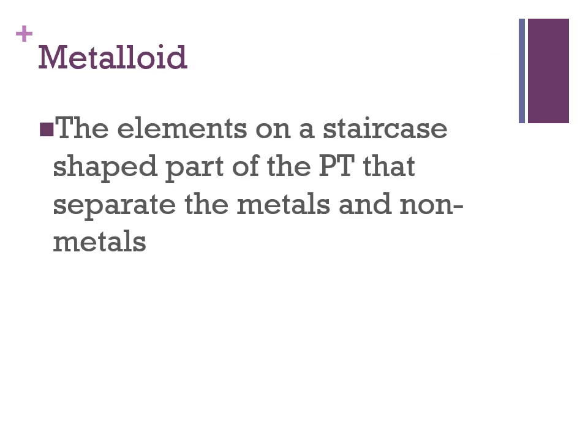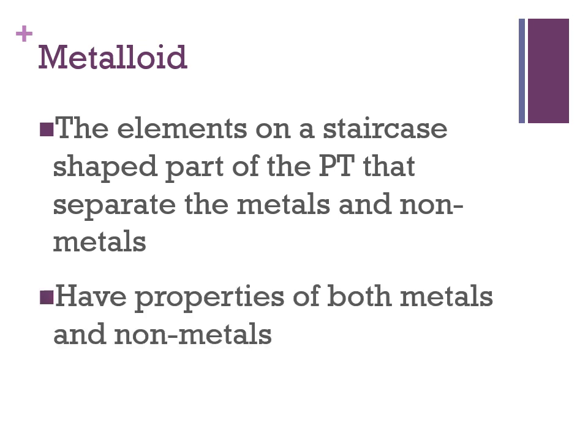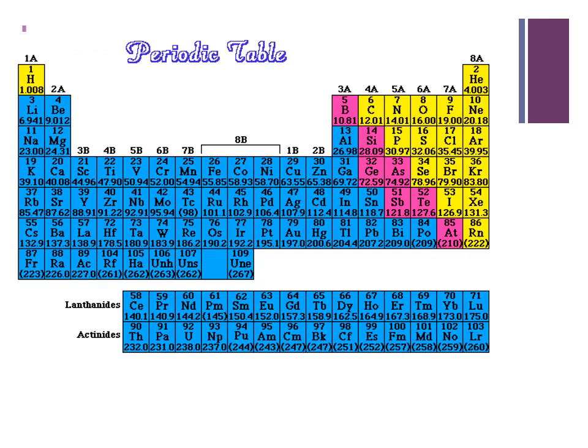Metalloids are the elements that are found on the staircase-shaped part of the periodic table that separates the metals and the nonmetals. These metalloids sometimes are also referred to as semi-metals, and they are going to have properties of both the metals and the nonmetals.